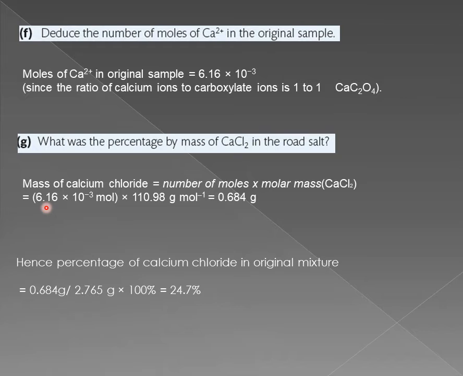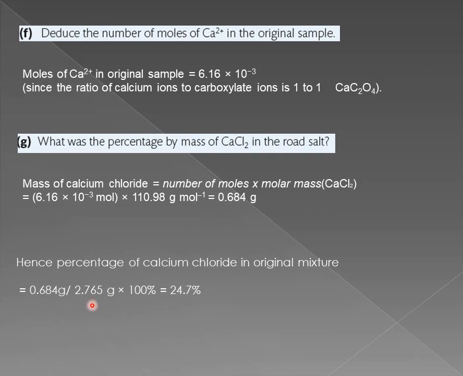So mass of calcium chloride equals 6.16 times 10 power minus 3 moles, this number of moles of calcium chloride, sorry, times the molar mass of calcium chloride, it will give you the mass of calcium chloride.